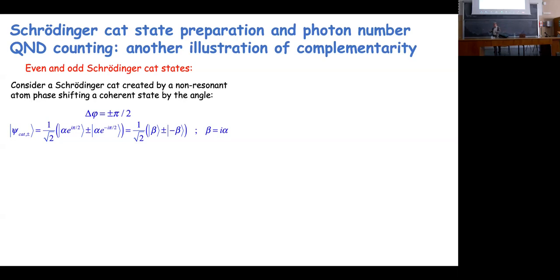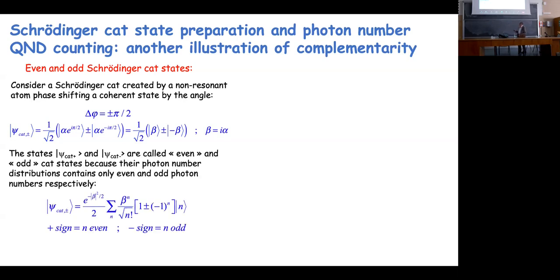As soon as you have two coherent components, this formula applies. But assume you have opposite phases. In this case, it is easy to find out that the plus cat has only even photon numbers, and the odd cat has only odd photon numbers in its superposition, because I remind you that the amplitude to have n photons is alpha to the n.